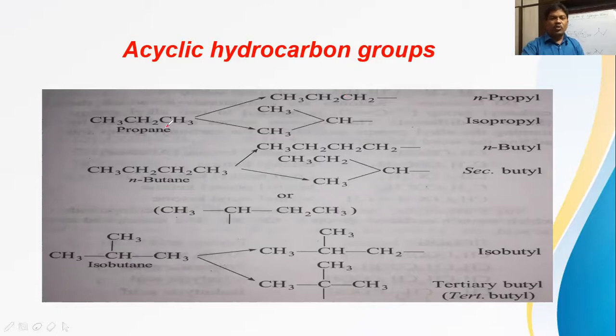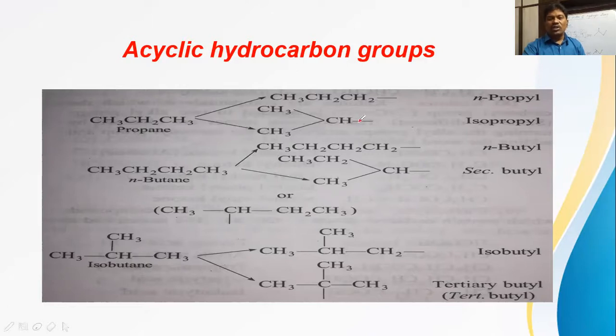Next, if you remove hydrogen from the middle carbon of the propane molecule, imagine the CH2 carbon has lost one hydrogen. Then we get CH3, CH with a free bond, CH3. That means the middle carbon CH2 has lost one hydrogen and became CH.